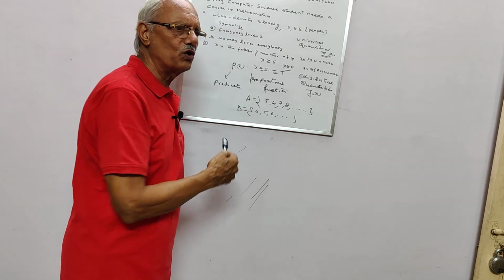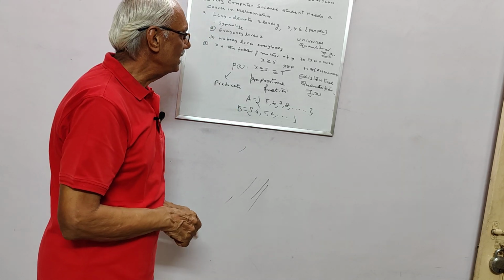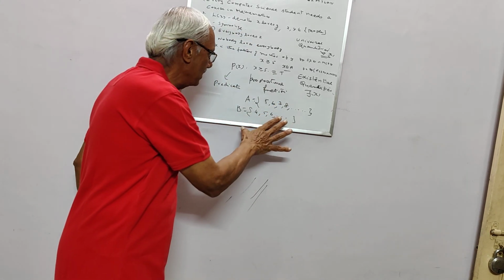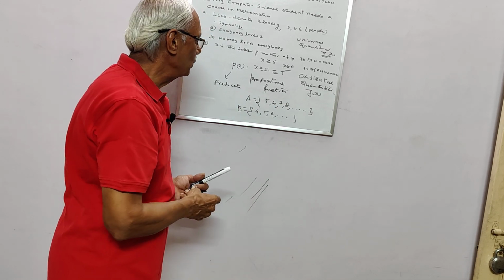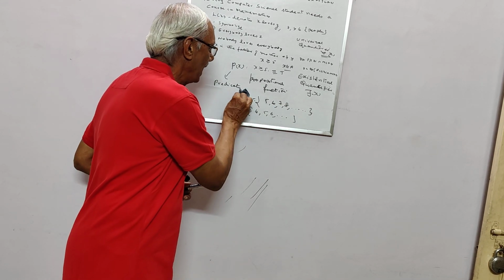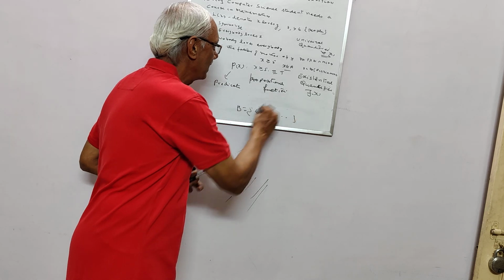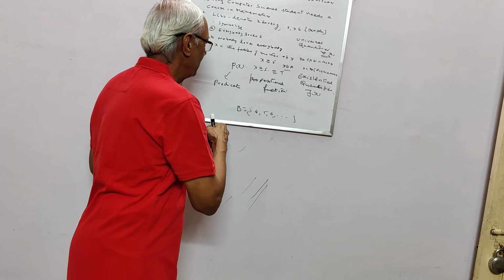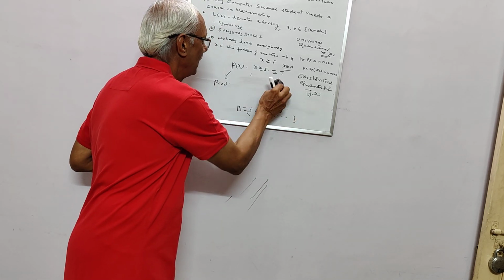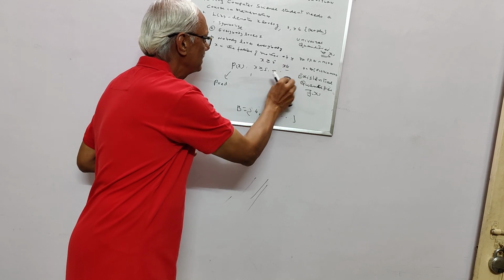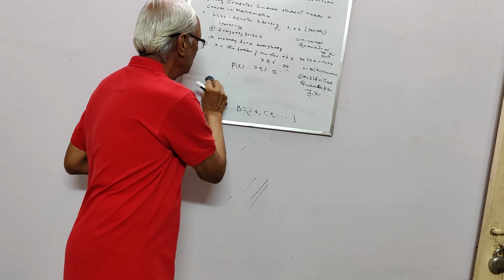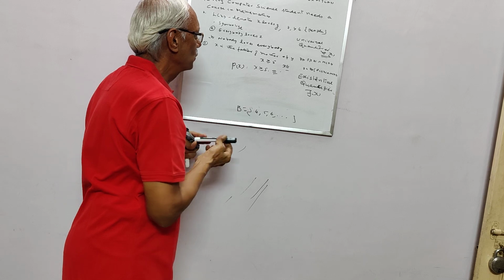I have taken one more number, 4. But you see that for this particular set, I say that now you forget about this. I write this statement, and instead of this, I put it as x belongs to B.